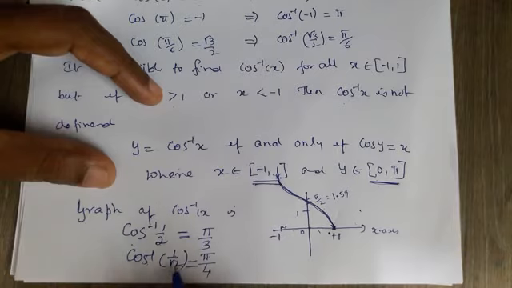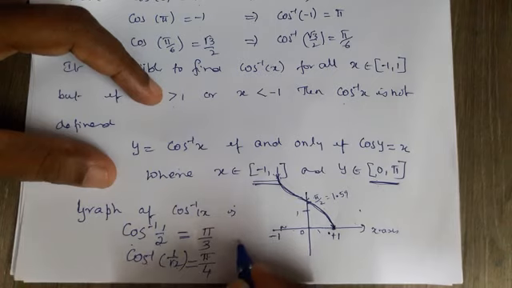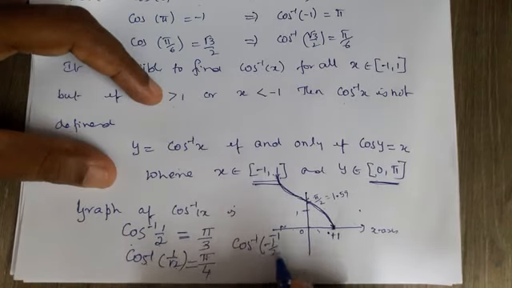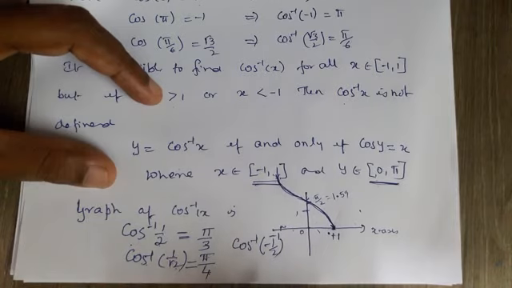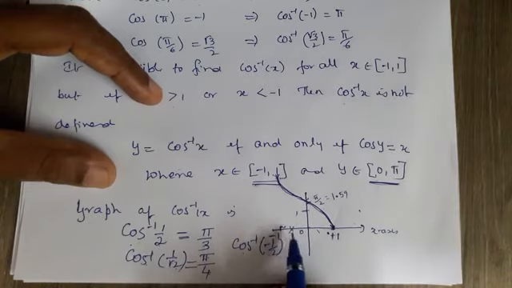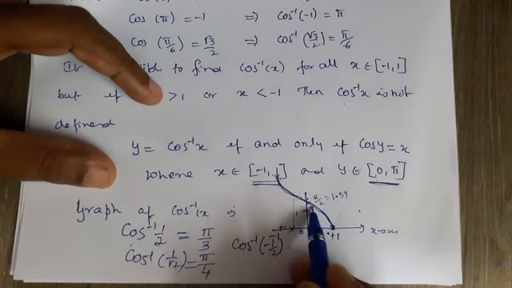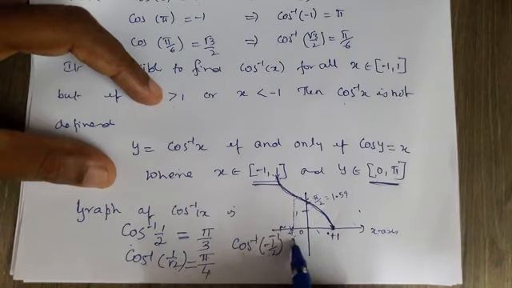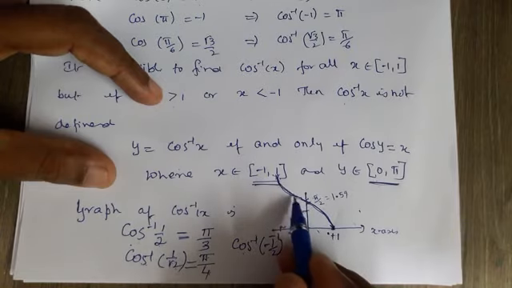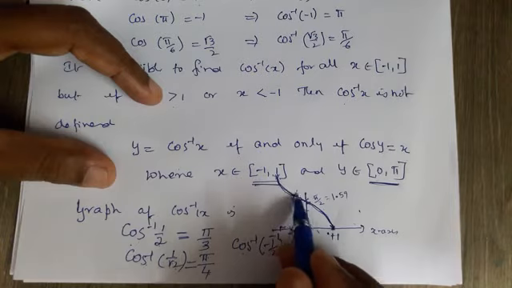When the value is negative, say cos inverse of minus 1 by 2, you can observe in the graph that it will be somewhere like this. It is greater than pi by 2. It comes somewhere here.